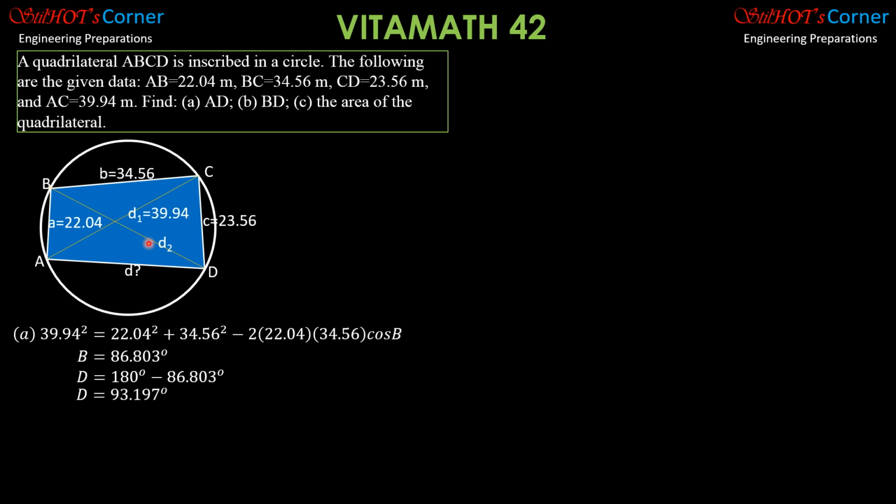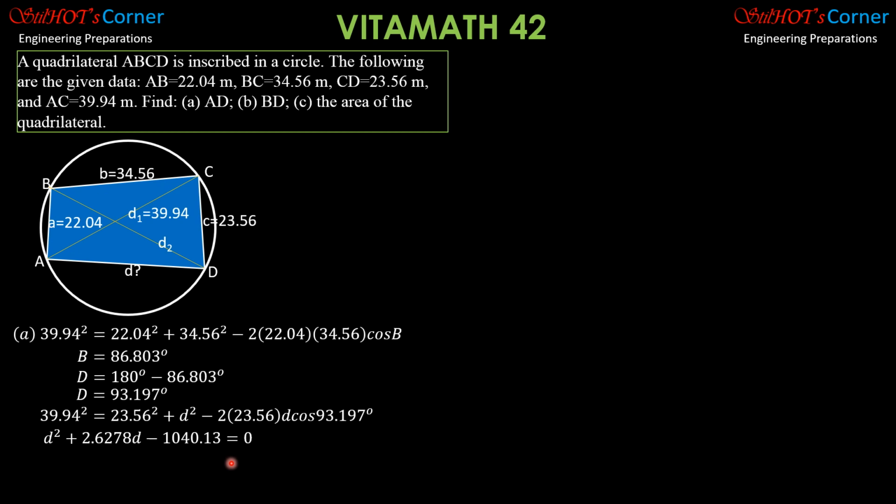So in triangle ACD, diagonal 1, 39.94 squared is equal to 23.56 squared plus D squared minus 2 times 23.56 times D times cosine of 93.197 degrees. Simplifying, D squared plus 2.6278D minus 1040.13 equals 0.